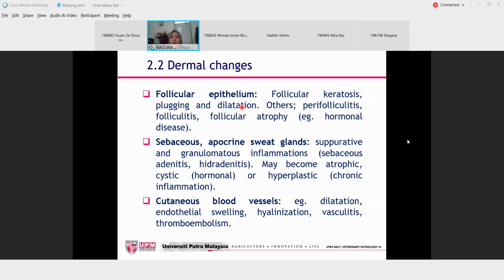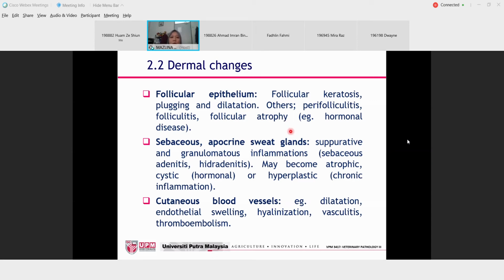Others can be perifolliculitis, meaning inflammatory infiltration around the hair follicle. So peri meaning around. And then even the hair follicle itself can become infected, leading to folliculitis. Or you might also see follicular atrophy. This follicular atrophy is very common in hormonal types of diseases.